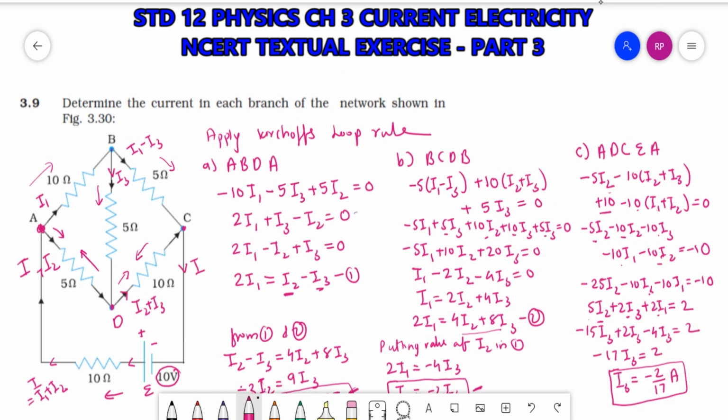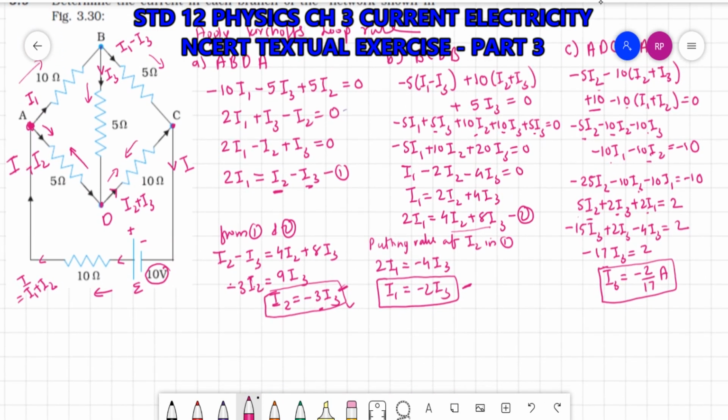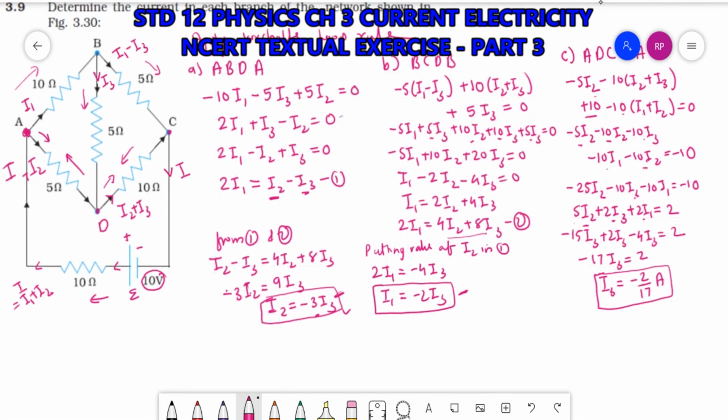Okay. So now I3 is minus 2 by 17. That means I2 will be equal to minus 3 into I3, that is minus 3 into minus 2 by 17, that will be equal to 6 by 17 ampere. And I1 will be equal to minus 2 into I3, minus 2 into minus 2 by 17, 4 by 17 ampere.